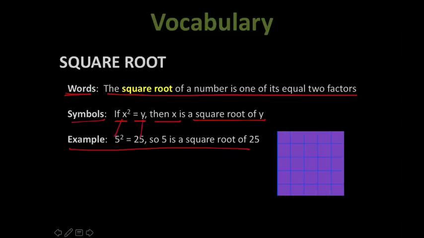Then you can see how the symbols in the example match up. Now if I look at the square, my square has 25 squares inside. That gives me a square with side length of 5. So it's just working backwards from the square root, going the opposite direction.